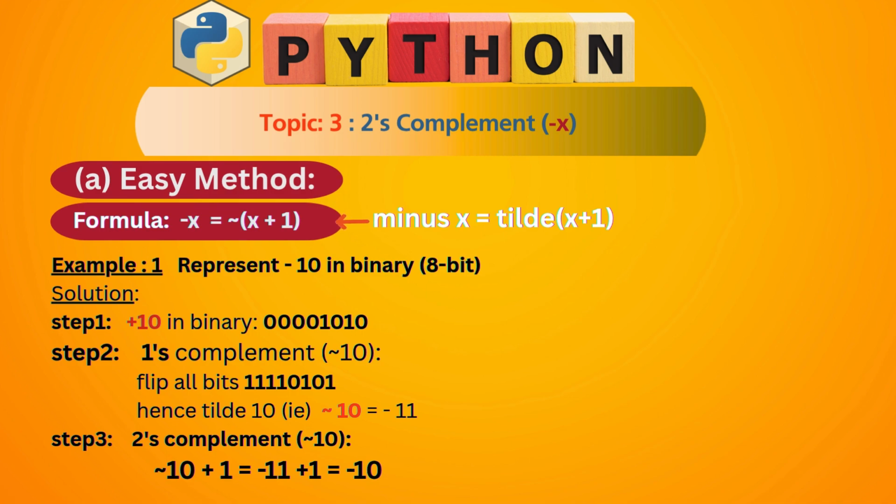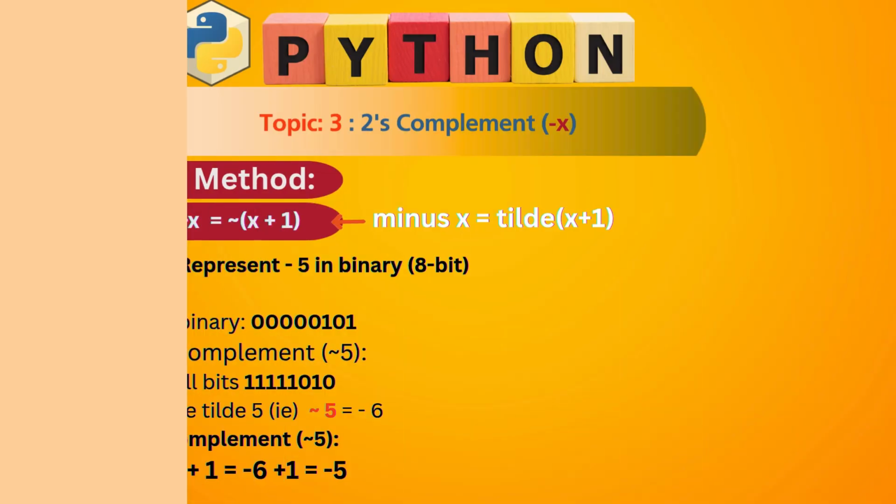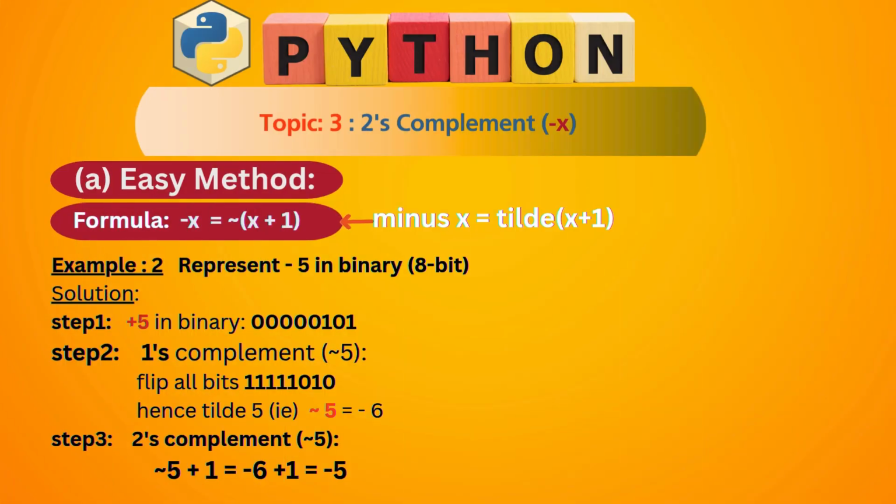So x is minus 11, then plus 1, that will become minus 10. Second example, for the number 5. The binary of 5 is 101. Step 2 is one's complement. One's complement for 5 is minus 6. The two's complement of tilde 5, that is two's complement for minus 6, will become minus 5.